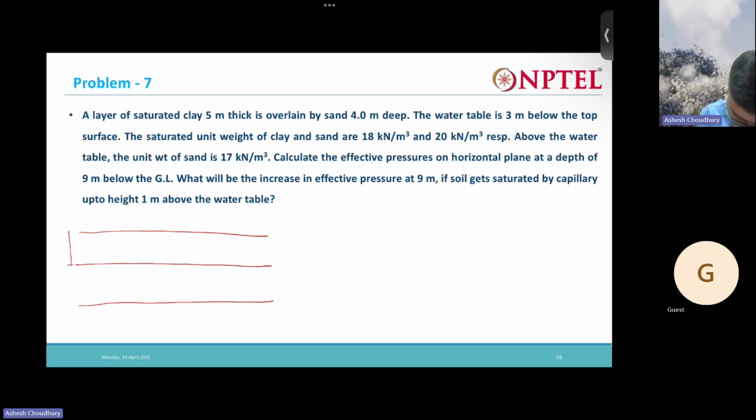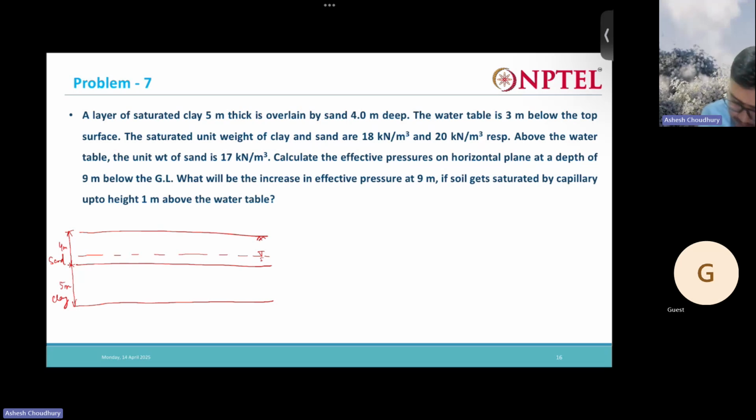On top it's sand, then clay. Alright, water table is 3 meter deep. That means water table is here. This is the ground level.